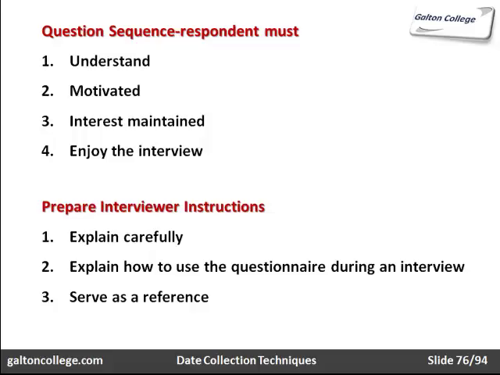Then it may be possible to say, here is a reference point, here is an example, and in this example that would be the answer, this would be the way we would think about it. So the interviewer needs to be trained and skilled in those areas.